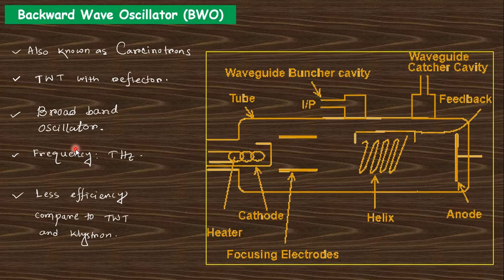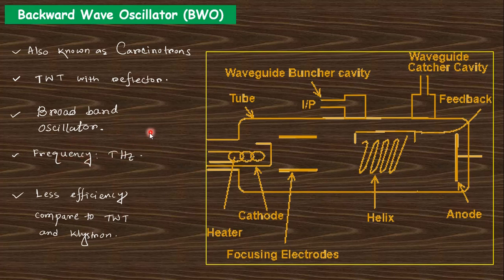Reflex klystron is not broadband. These are narrow band oscillators, reflex klystron, but the BWO, that is the backward wave oscillator, is the broadband oscillator, and its frequency range is terahertz.